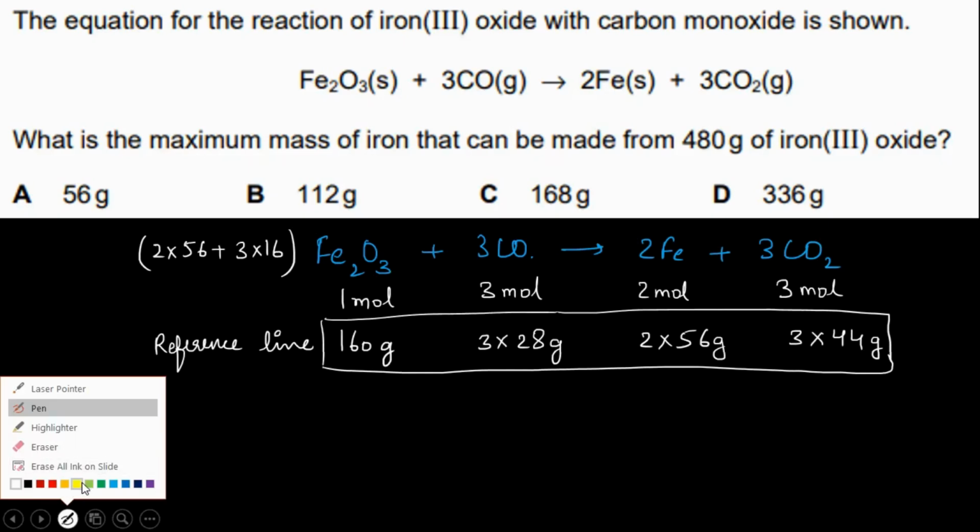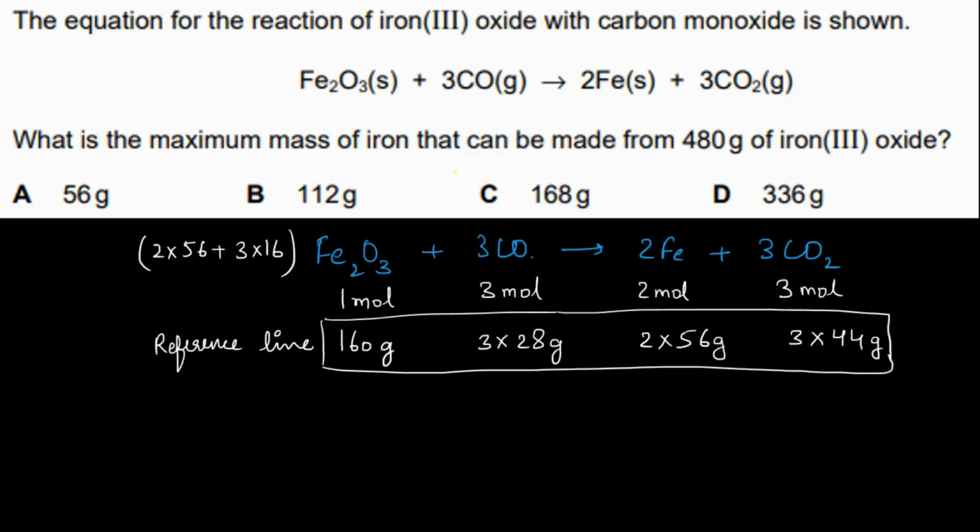Now in the question, they ask if we have 480 grams of iron 3 oxide with excess of carbon monoxide, find the maximum mass of iron which is produced. Maximum mass means they are asking for the theoretical mass, and that's how we calculate the theoretical mass.